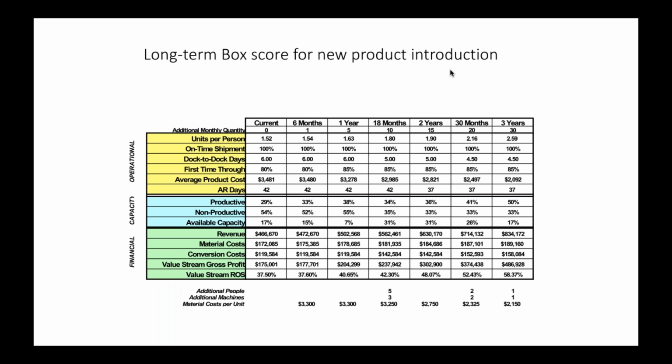And at this point, I'd like to make a note here about available capacity. Lean companies typically like to maintain a level of available capacity for the unknown. A lot of lean practitioners call it buffer capacity.